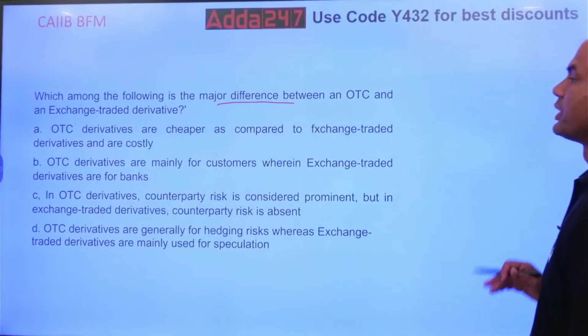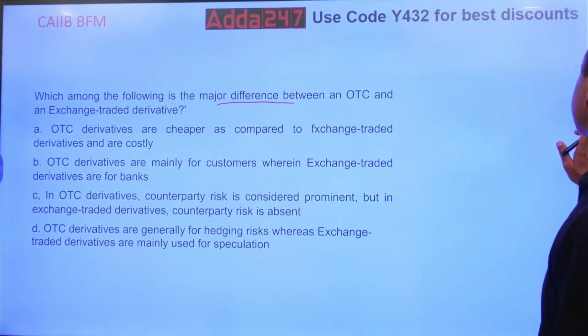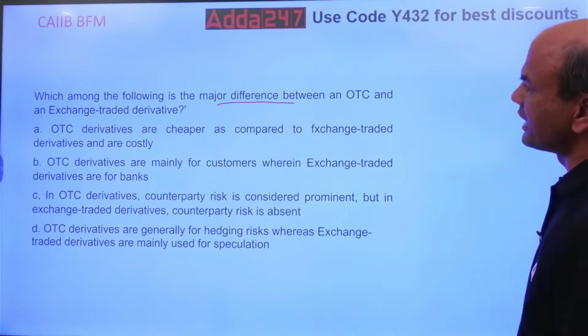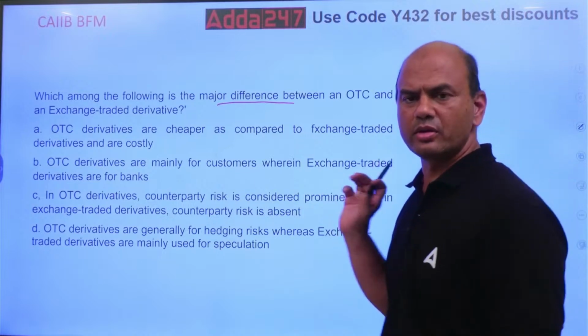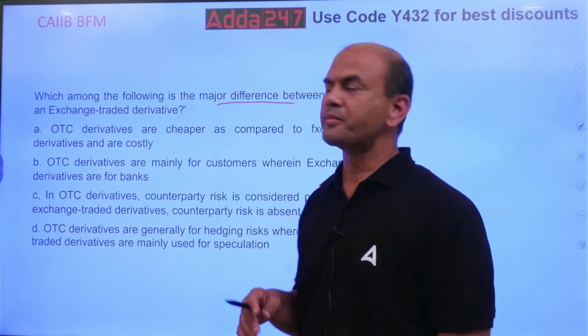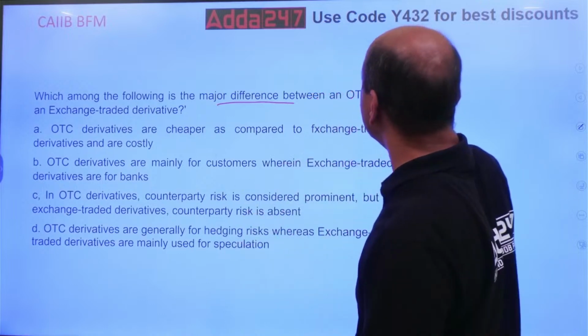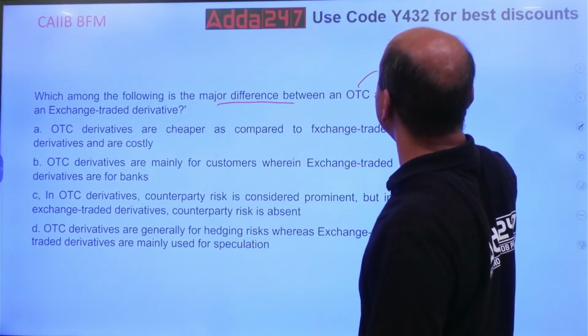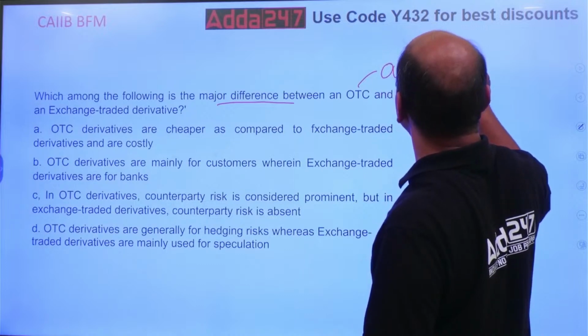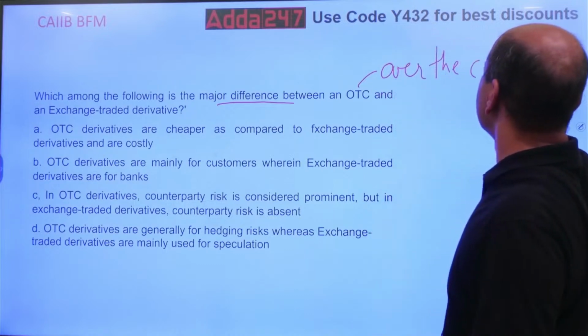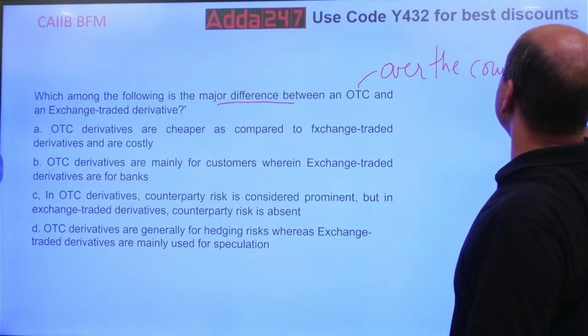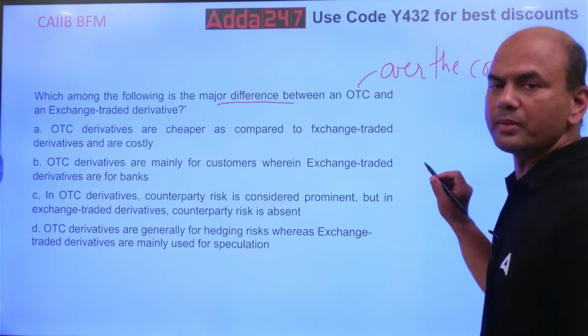What is the OTC? I think I've taken this topic once earlier. OTC means what? Over the counter. Over the counter means what? It is between the bank and the customer. Only two parties are there.